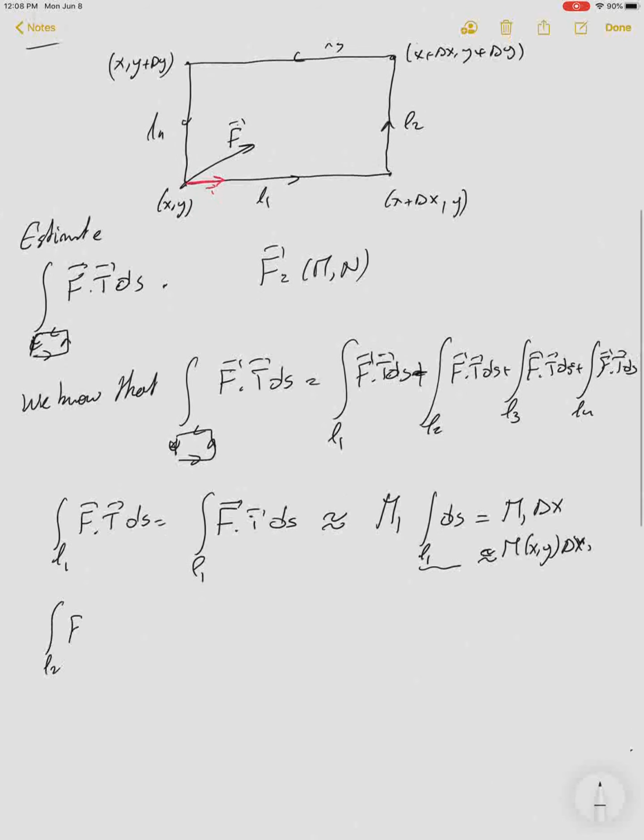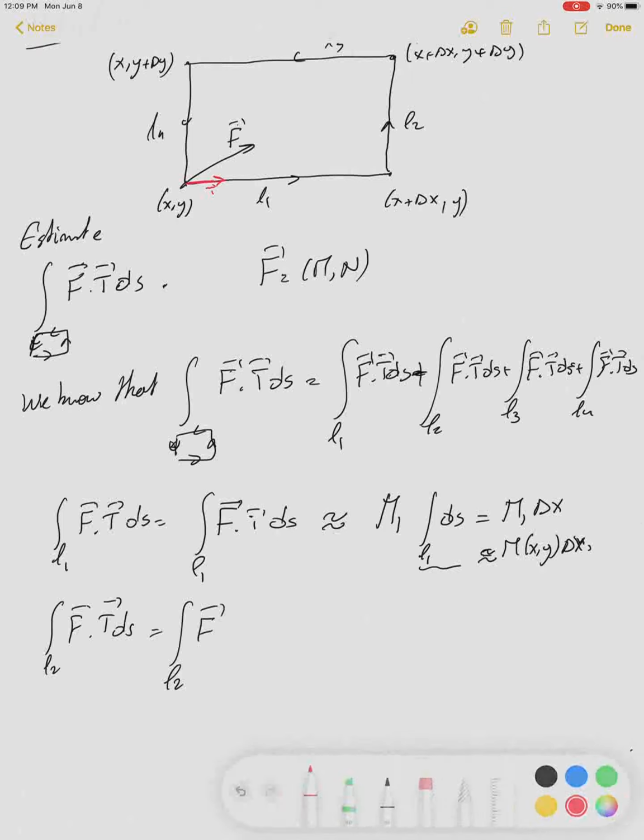Now what about L2? The integral over L2 of F dot T ds. In this case, the unit tangent vector is upward, so this is the vector j. So this is F dot j ds.